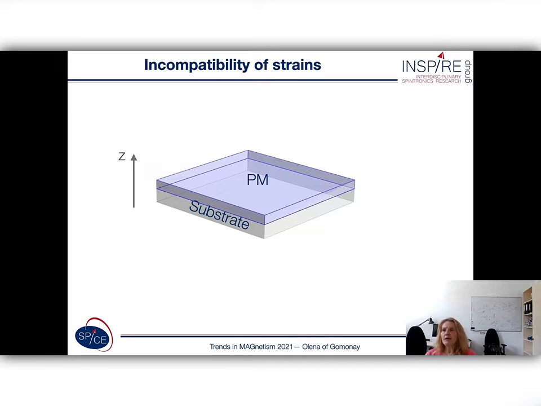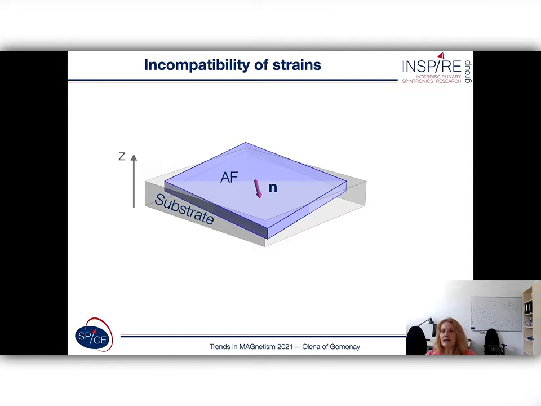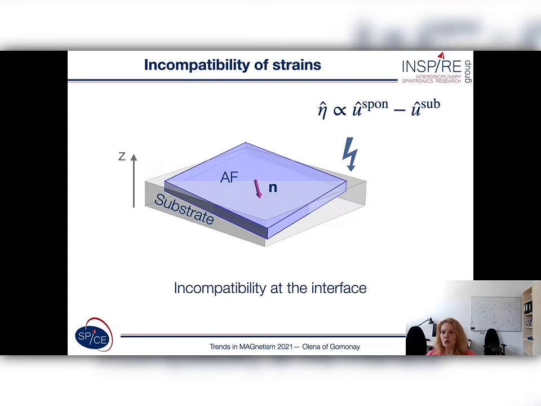However, if such transition takes place in inhomogeneous material, for example in an antiferromagnet grown on a non-magnetic substrate, then deformations of two layers would be different, and this induces so-called incompatibility of strains.